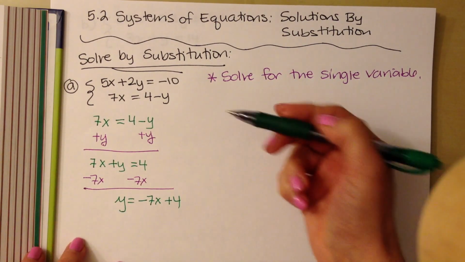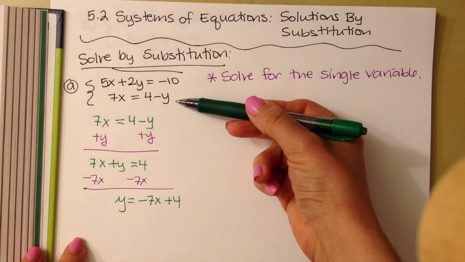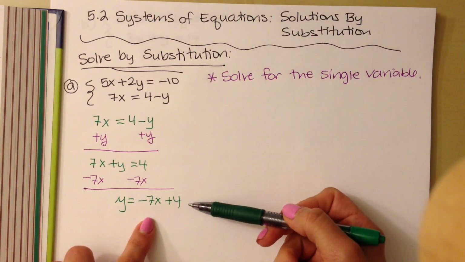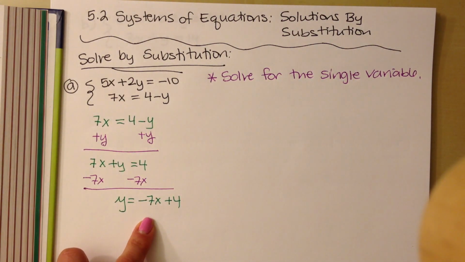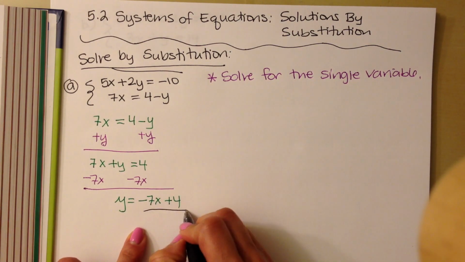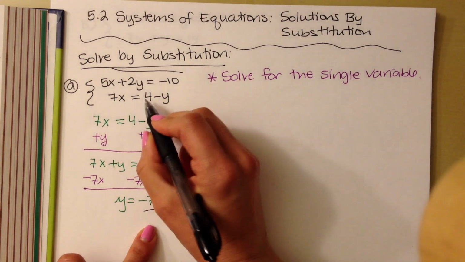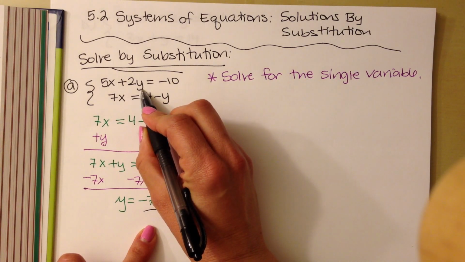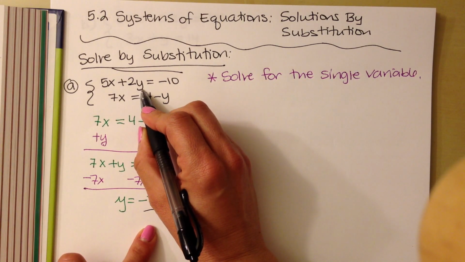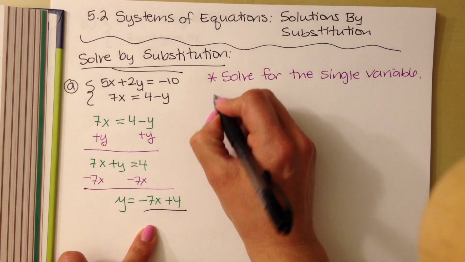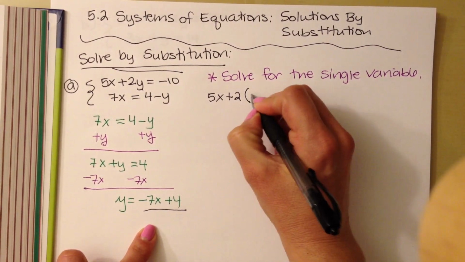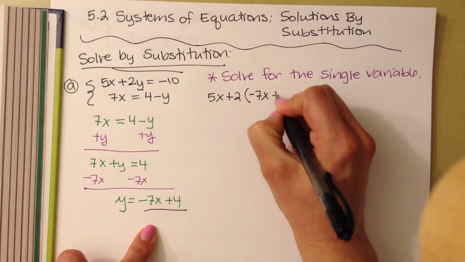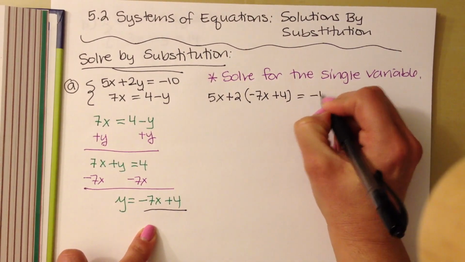Since I used equation 2, I need to substitute into equation 1. So let's start our substitution step. So we are going to substitute for y. We take negative 7x plus 4, substitute for y. Make sure that you use parentheses, it's very important. We have 5x plus 2, parentheses, negative 7x plus 4 equals negative 10.